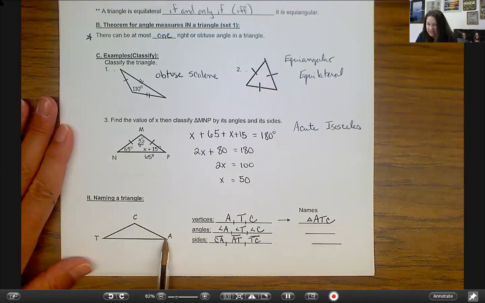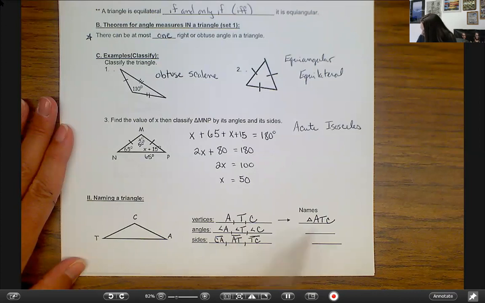So I could go from A to T to C to draw that triangle out, or move around that triangle. It then has the vertices A, T, and C. It has the angles A, T, and C. We usually only use a single letter now to describe the angle at that vertex. And its side lengths are going to be segments, so segment notation there. It has sides CA, AT, and TC.